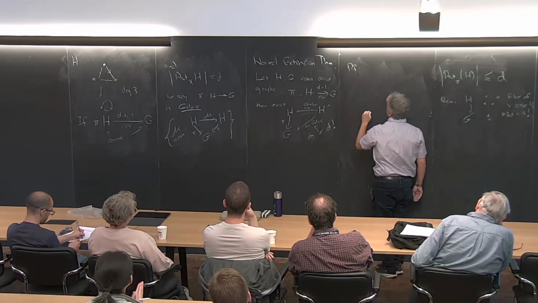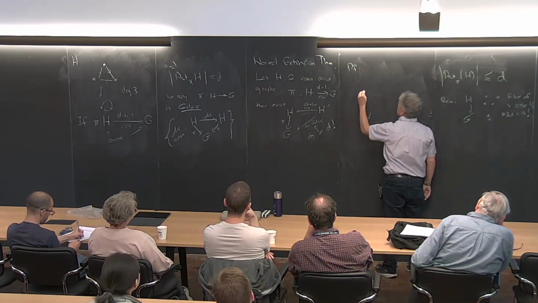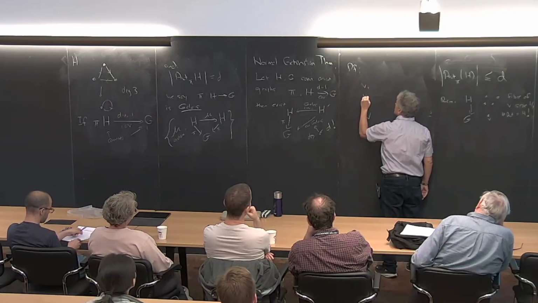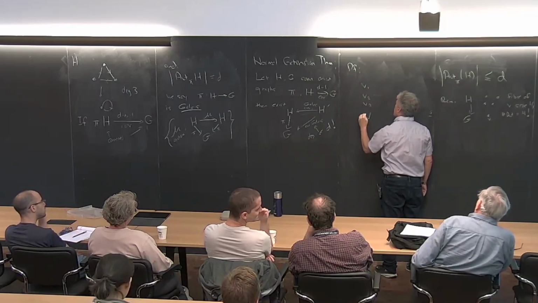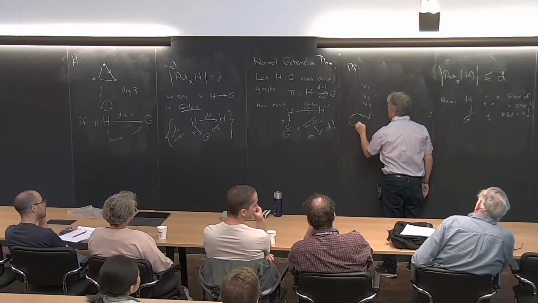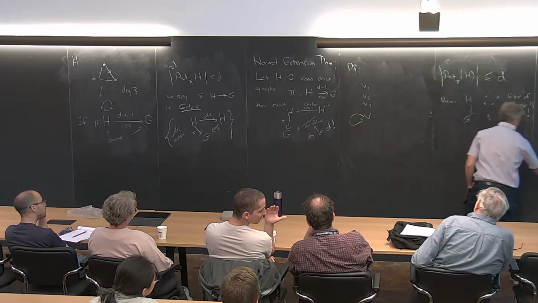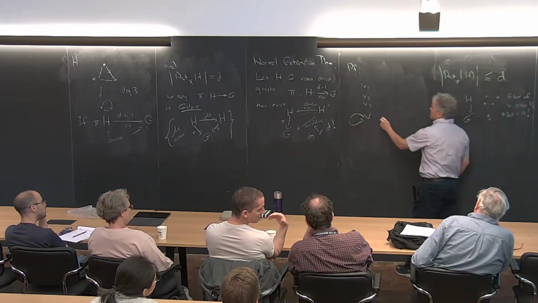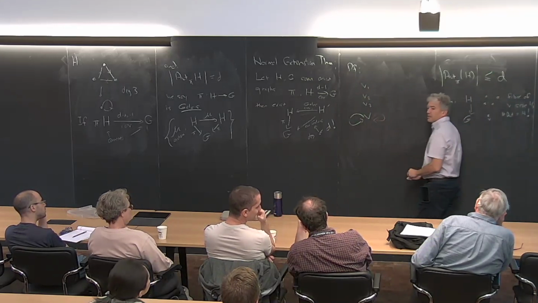So if you have V, and you have V1, V2, V3, and this has, let's say, a single vertex and two colors.